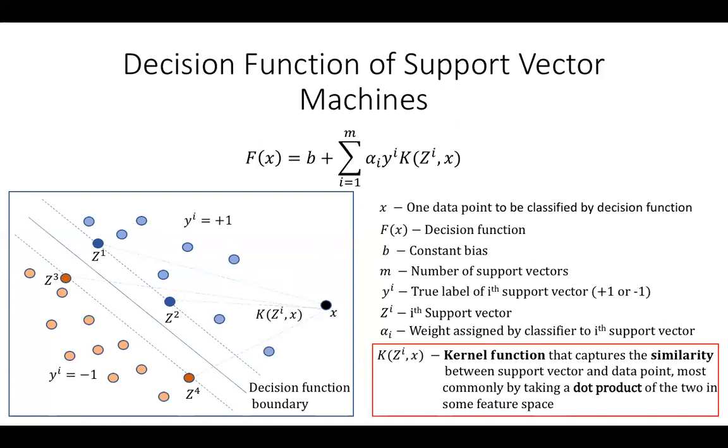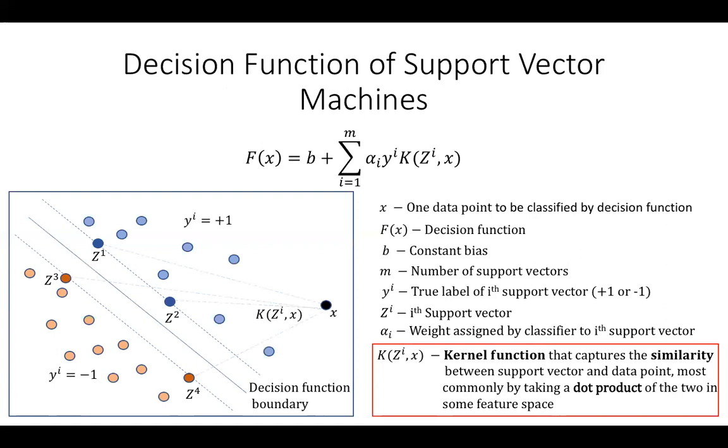The decision function boundary is the bold line dividing the two classes, and as you may already know, there is a set of input examples on both sides of the decision boundary that are closest to the boundary, and these are called the support vectors, shown here as z1, z2, z3, and z4.